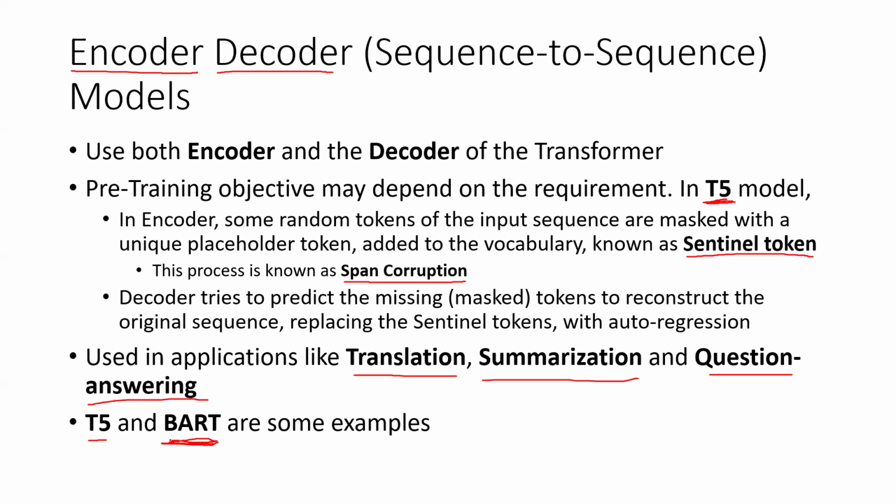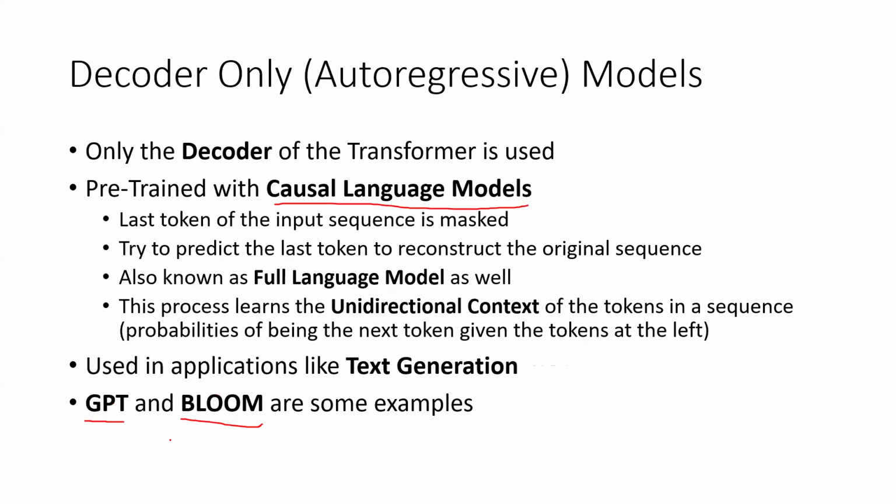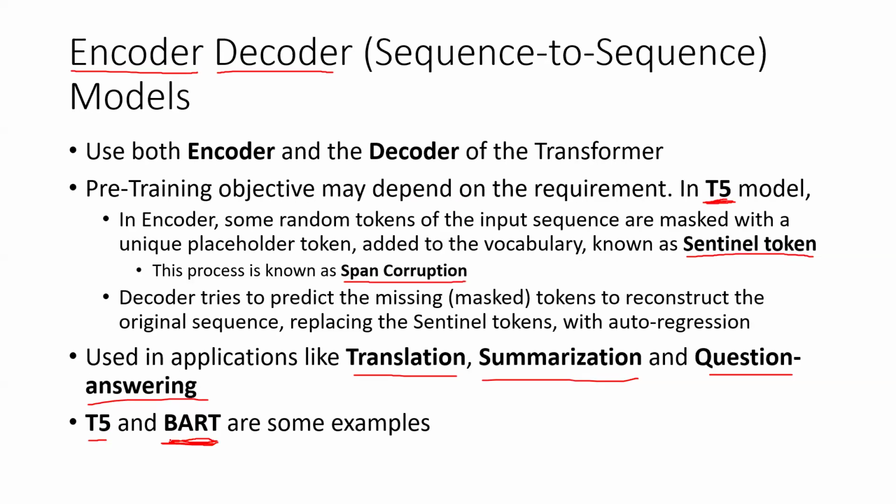So instead of using sequence to sequence models, now they are using very large decoder only models for language generation, in tasks like translation, summarization, and question answering. That is why T5 and BART kind of models are not as popular, but GPT kind of models are popular these days.